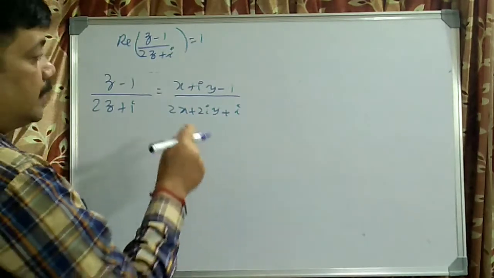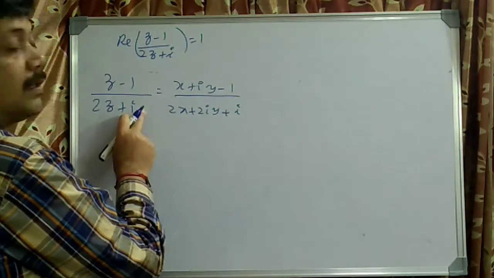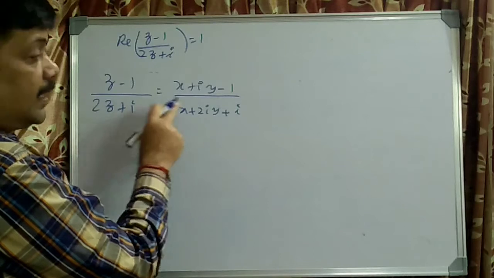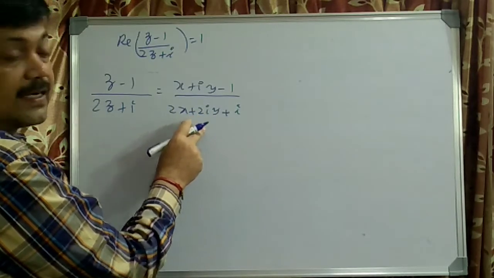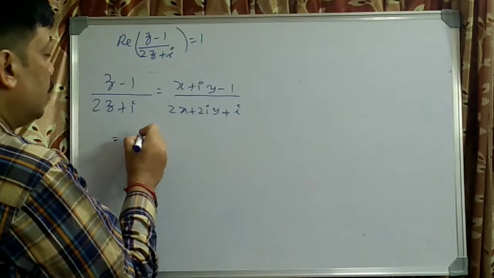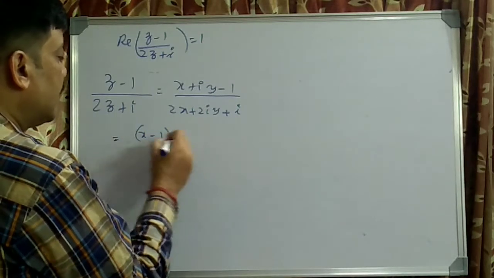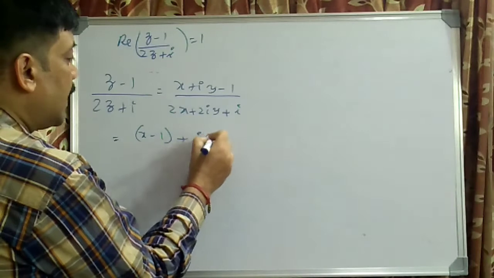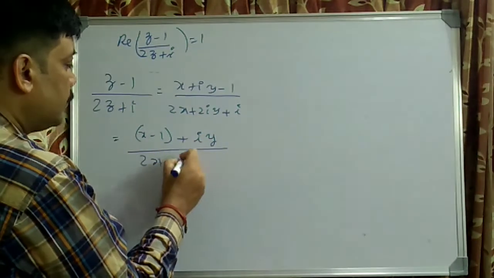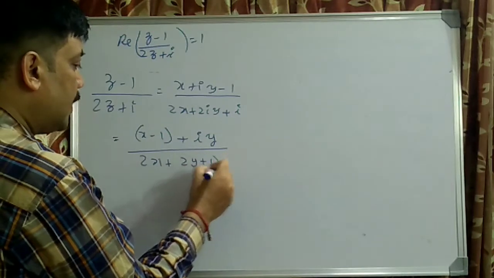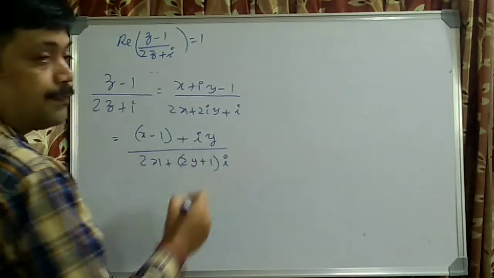I am having the given part converted into x and y. Now this is equal to (x minus 1 plus iy) by (2x plus (2y plus 1) into i).